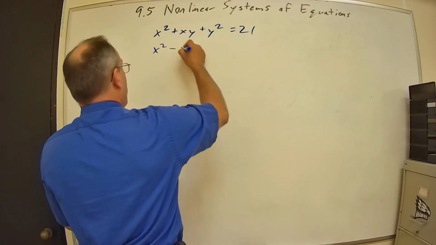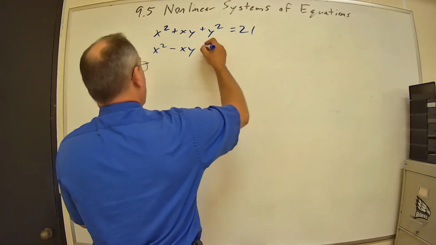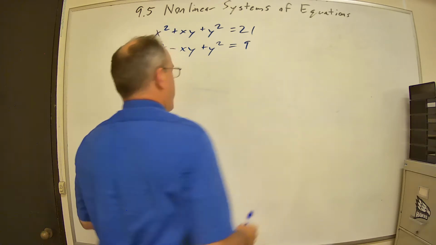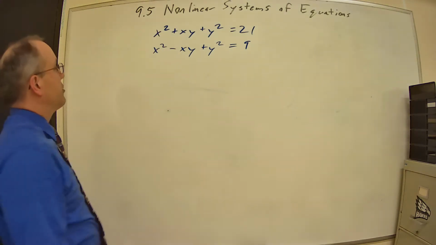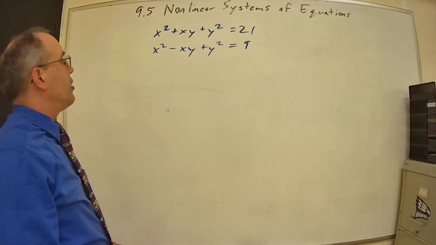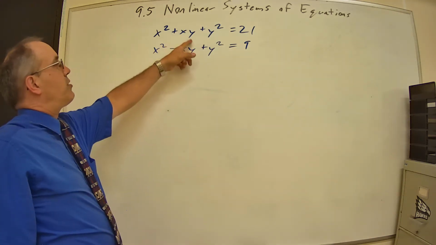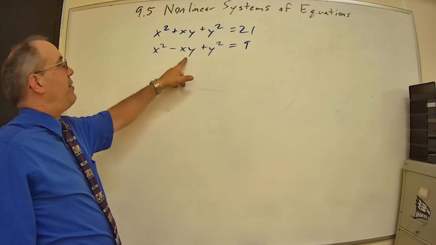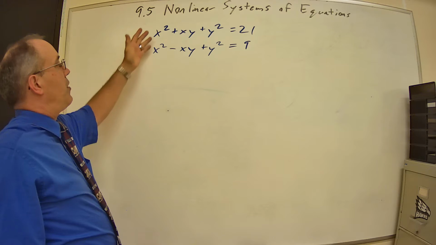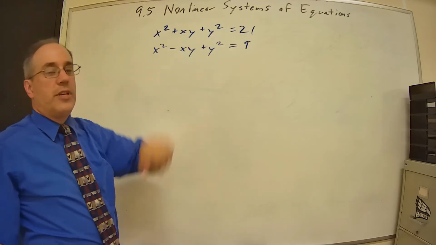X squared minus xy plus y squared is equal to 9. So I've got x squareds, I've got y squareds, I've got xy. So you do see an obvious xy and negative xy. You can cancel those out, and then you'd end up with these x squareds and y squareds equal to that.